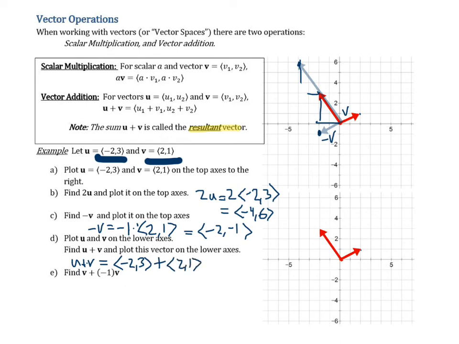And we're going to add those, and I'll write it out here: negative 2 plus 2, and 3 plus 1, and that's going to give us 0, 4. So that is what we call a resultant vector. 0, 4 is right up here. So that's going to be the terminal side of our vector. And so let's graph that. That goes right here.